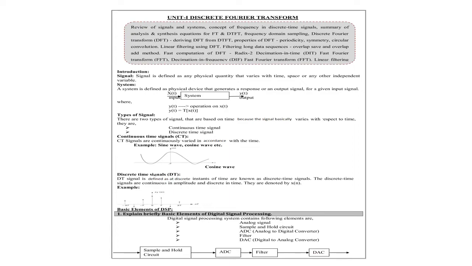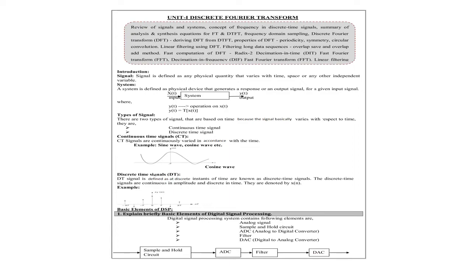Discrete time signals are defined at instances of time, continuous in amplitude and discrete in time. They are denoted as x of n.